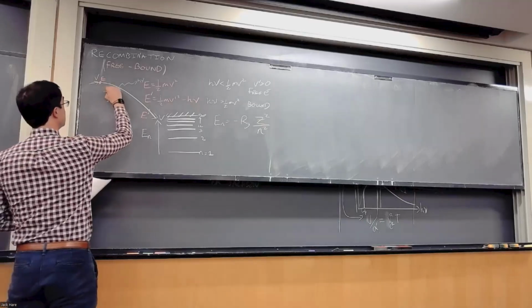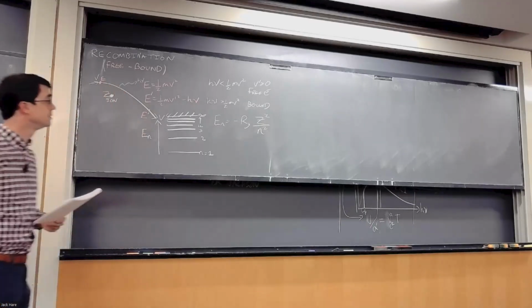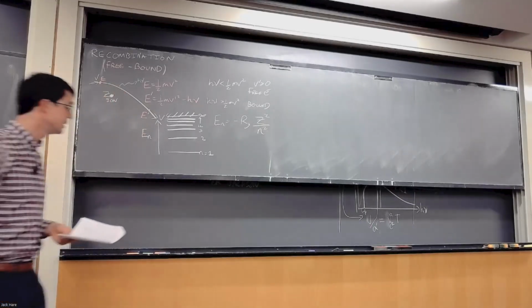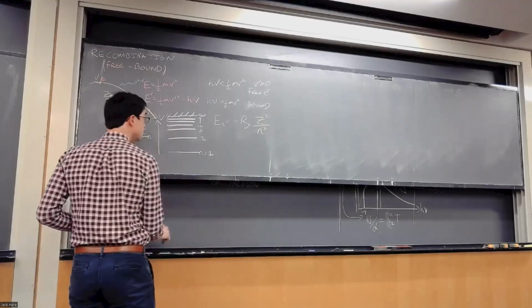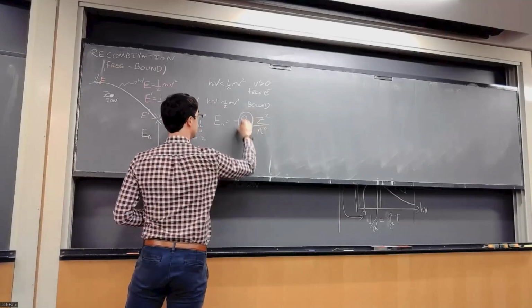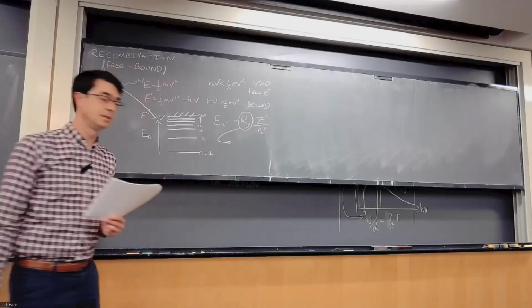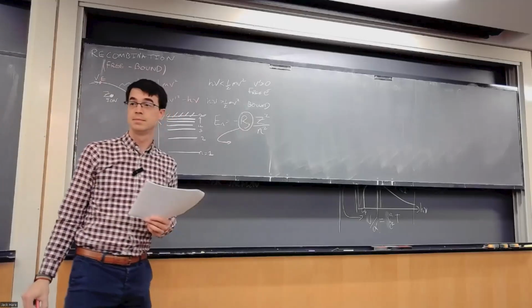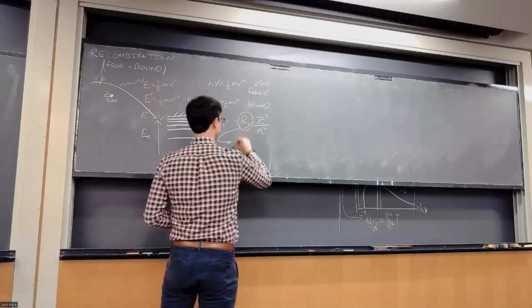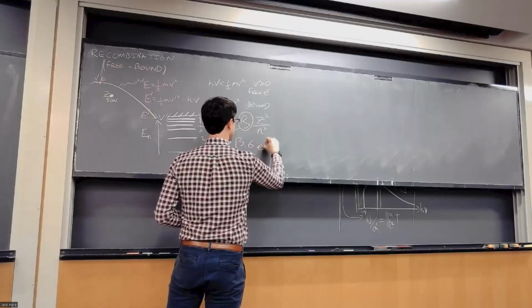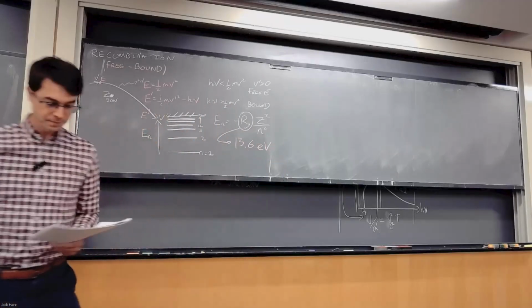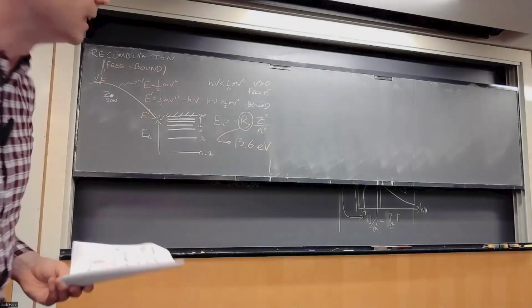The ion has a charge, Z here. Anyone remind me what a Rydberg is? What its value is? Okay, 13.6 electron volts. Good number to know. So that's the ionization potential of hydrogen.